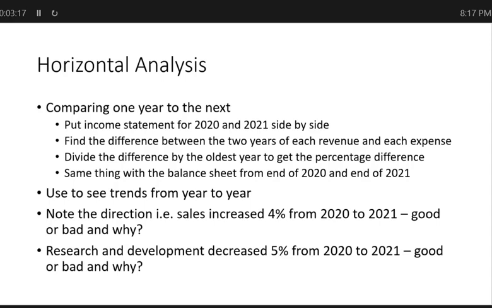You can do the same thing with expenses. So if you've got cost of goods sold for 1 year and cost of goods sold for the other year, we can take the difference and divide it by the oldest year to get the percentage change.